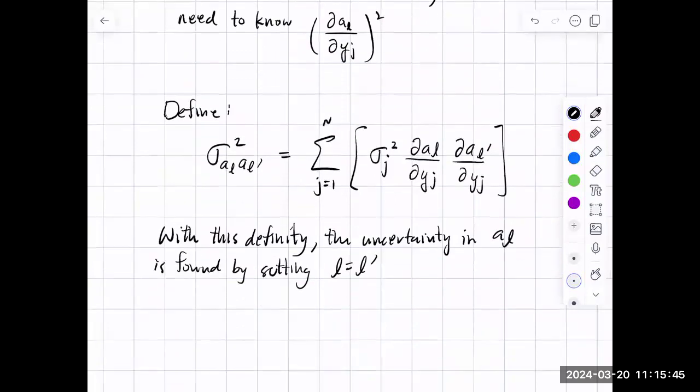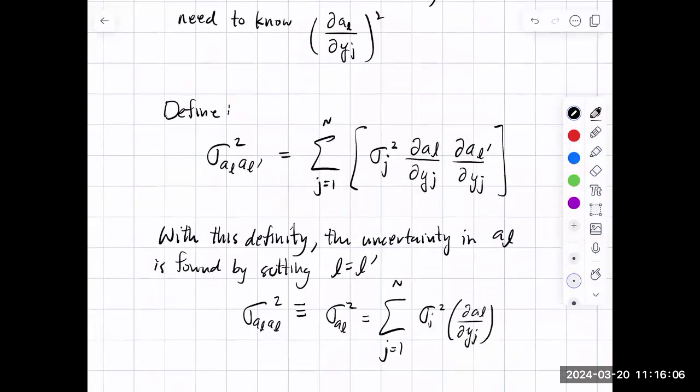And so in that case, we would get sigma AL squared, which will just end up being the sum of J equals 1 to N of sigma J squared, DAL DYJ squared.